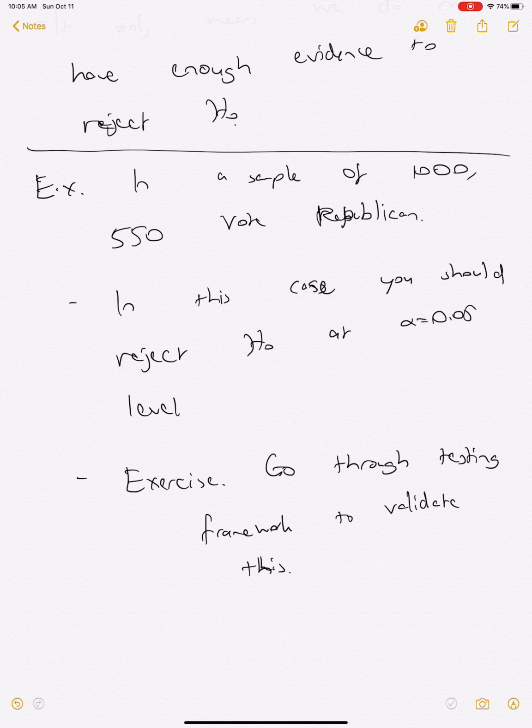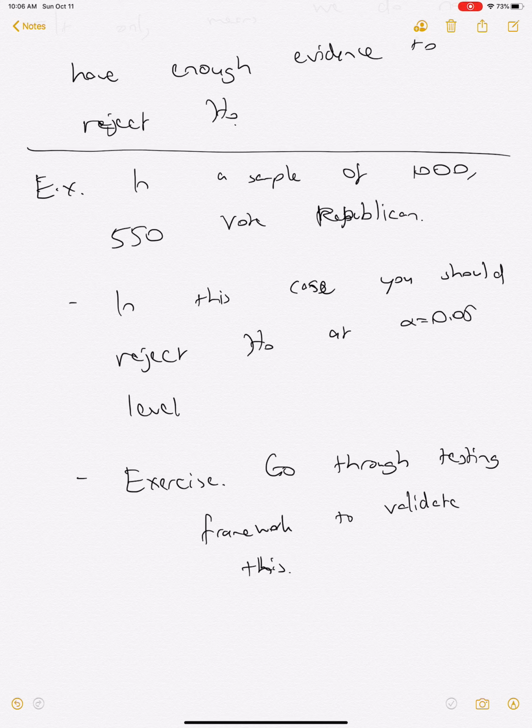The calculations are going to be almost identical. The only thing that's changed here is the sample size n, and that will change your critical threshold. That critical threshold C, which was 0.582, is going to be a lot closer to 0.5 when you make n equal to 1,000.